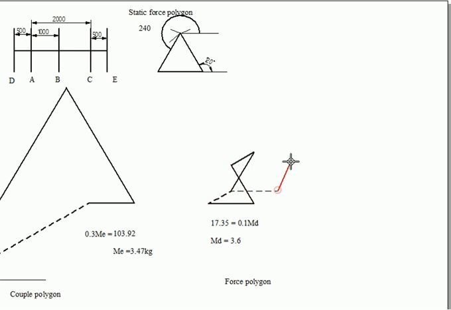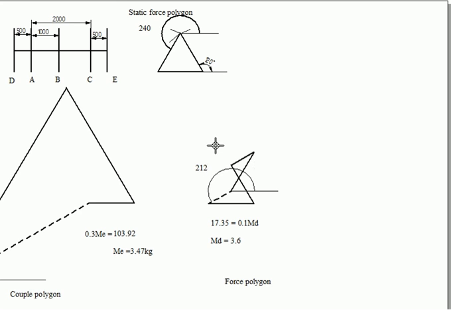And to find out inclination of MD, at starting point, draw one horizontal, and you have to find out inclination with respect to 0 degree line. This will be the inclination of mass D. When you measure this inclination, you will get theta D as 212 degree.